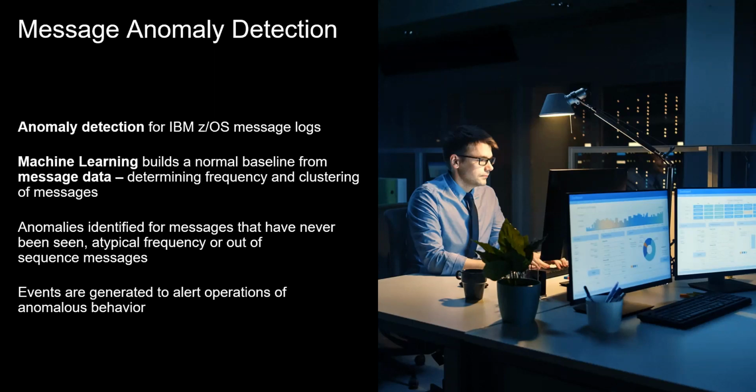We're looking for atypical frequency of messages. So are we starting to see a spike in a number of messages that we hadn't seen before? Or are we starting to see things start to occur out of sequence? And just like the metric-based machine learning, anytime we would see an anomaly, we would generate an event for those. And those events can be integrated into your event management system.